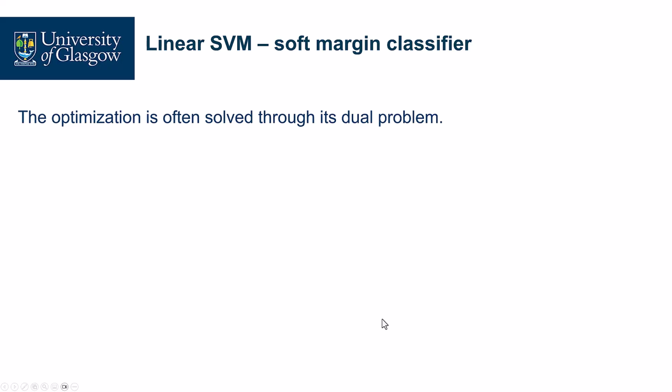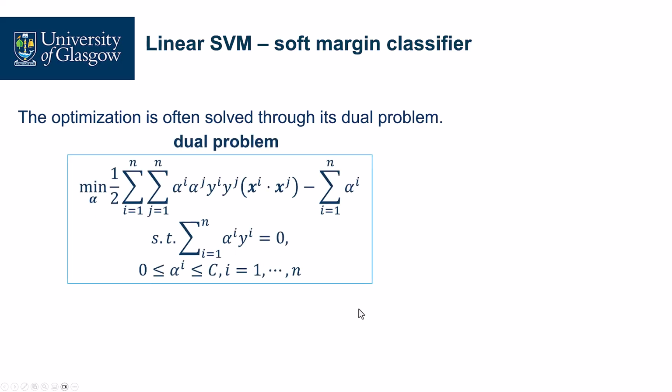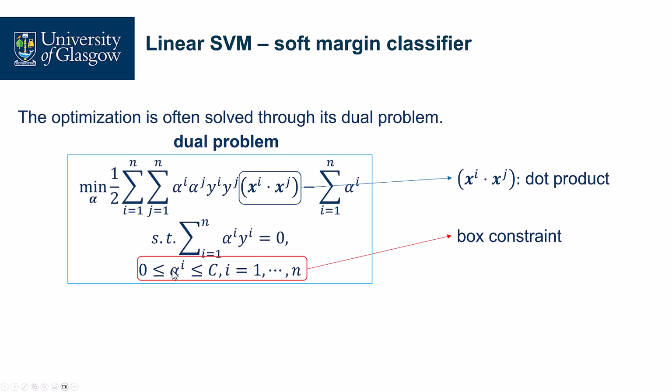Now we will solve the dual problem. Here we can see this is a dot product. Besides this constraint, the sum of alpha i times yi is 0, there's another constraint: the range of alpha i, the decision variable, is from 0 to C. This is a search range, as we have learned before, and we call it the box constraint.